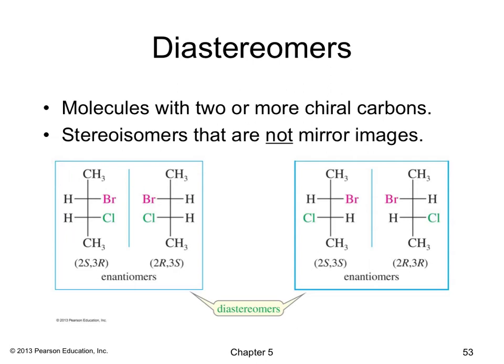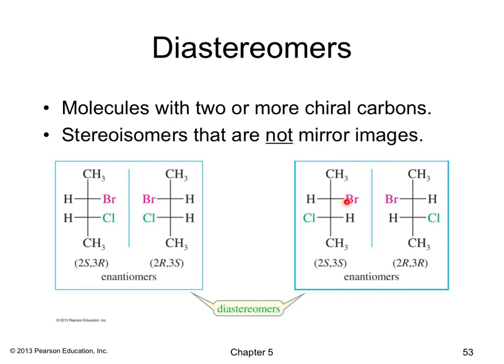Diastereomers are oftentimes molecules with two or more chiral centers, stereoisomers that are not mirror images. So let's look at this. There's the 2S3R form and the 2R3S form. These are mirror images of one another. These are enantiomers.